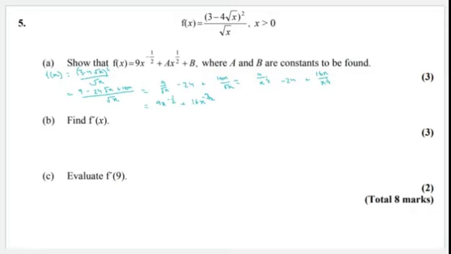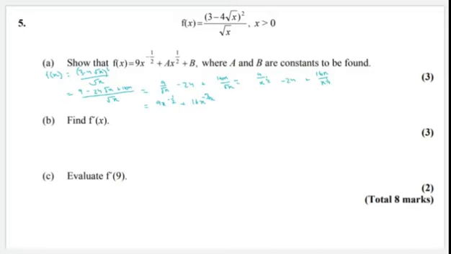So with this question, when you get a show-that question, it's always good to look at what you're trying to show. Because I need to get ax to the power of a half, not what I have here. So how did you get 16x to the minus 3 over 2? What I've done is I've made it not 1 over x to the power of half, but x to the power of negative half.